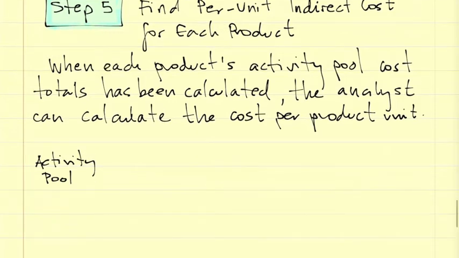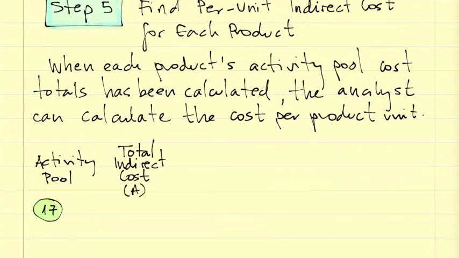Say activity number 17, which was purchase orders. We have the total indirect cost. We know it for, let's say, product A, it's 135,000.